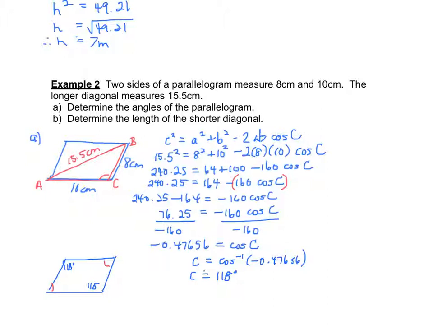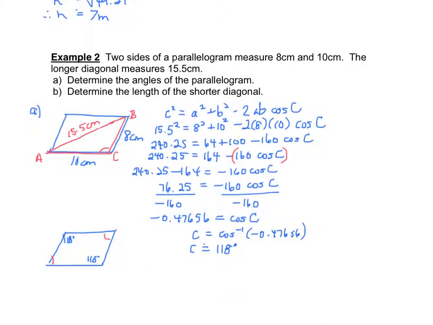And since we know that the angles in a quadrilateral add up to 360, we could take 360, subtract 2 times 118 degrees, and then with the result we'll have to divide it by 2, because of course we know there are two angles that then add up to the remaining amount. So that tells us that each of those smaller angles measures 62 degrees.